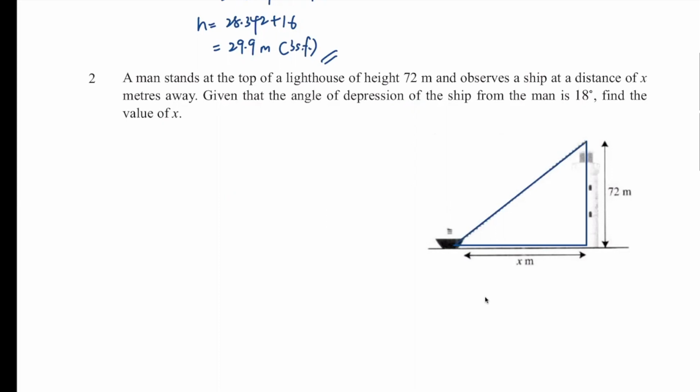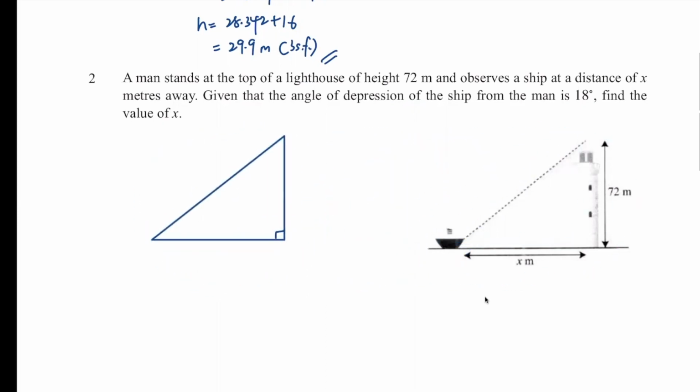Now, what a lot of you will think is that this is a right angle triangle, which you all can identify. But a lot of you will mistakenly think that this is the 18 degrees, which is wrong. Angle of depression is not this angle over here. This angle over here is not 18 degrees, and it's also not the angle of depression.